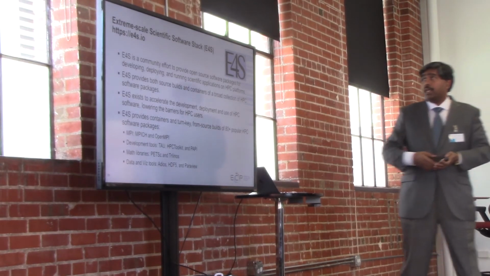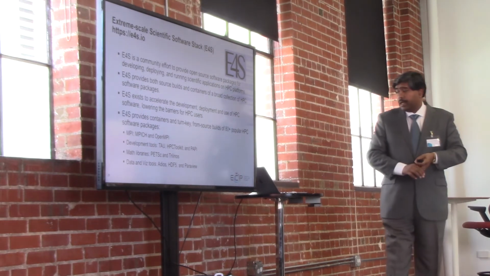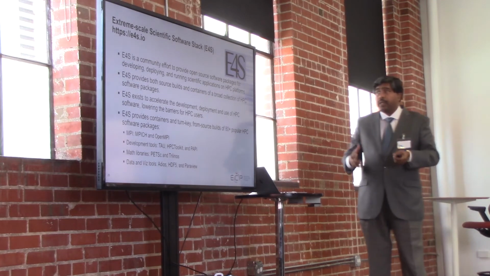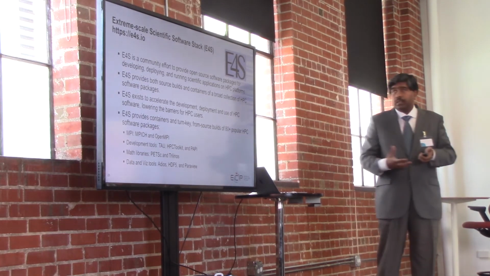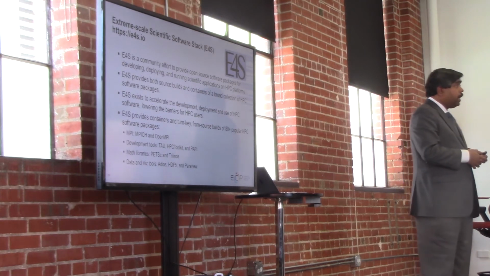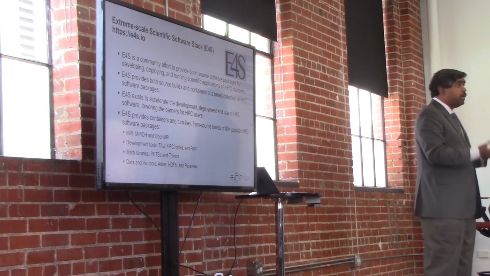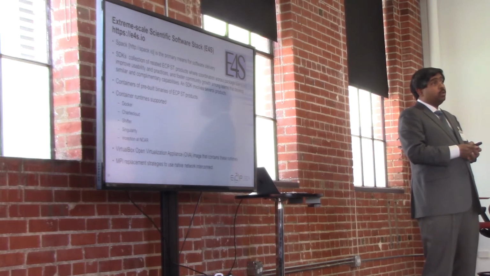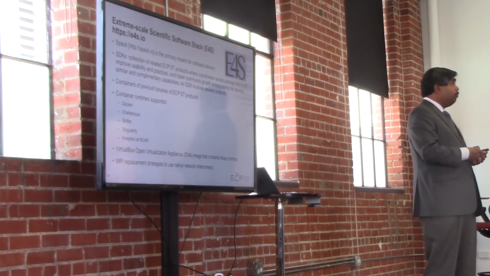The Extreme-scale Scientific Software Stack, E4S, is a community effort to provide these open source packages on HPC hardware. It lowers the barriers for installing software. Let's face it, our tools and libraries are getting very complex.